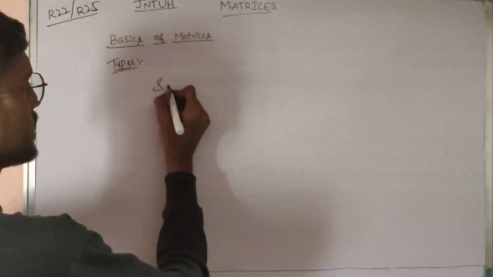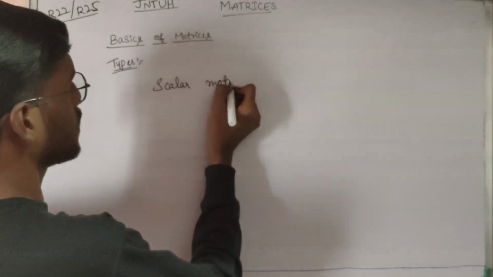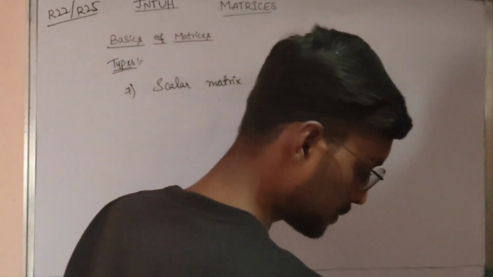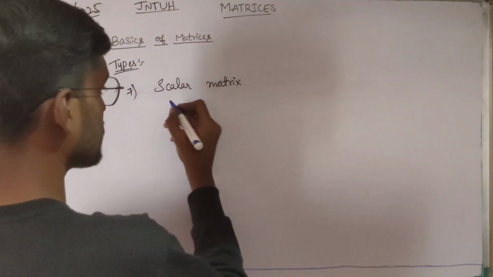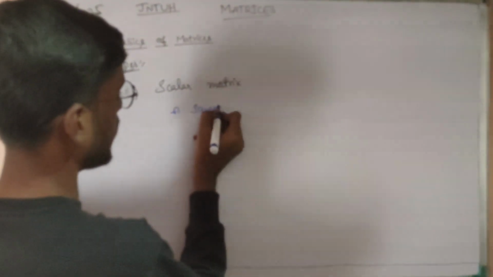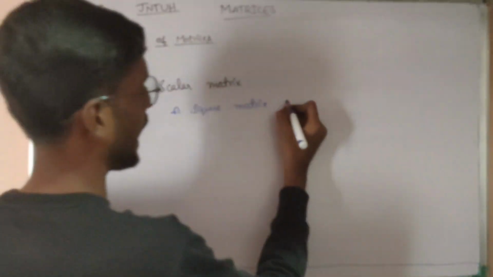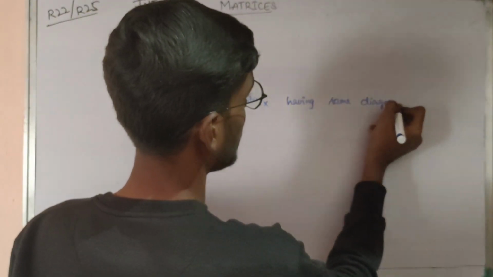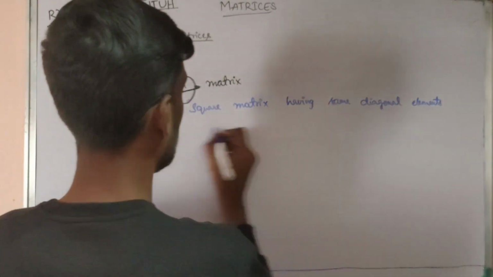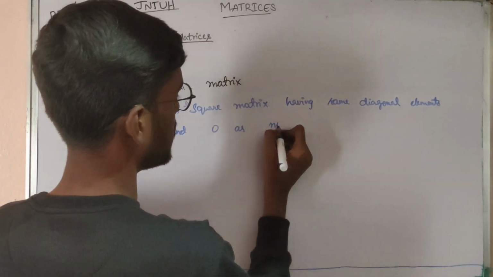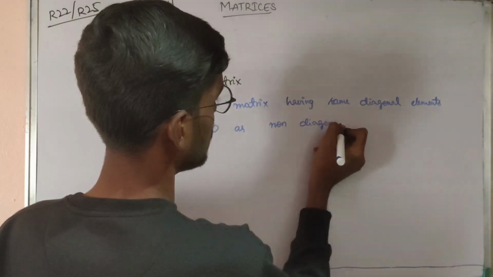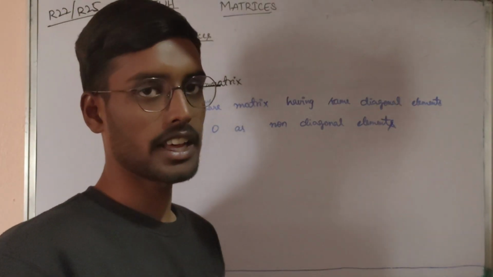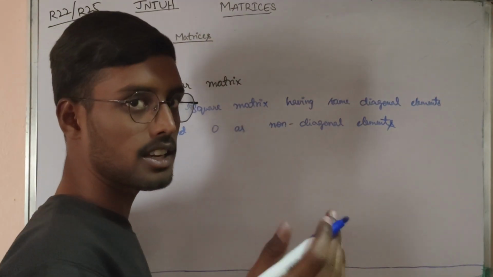Next, the scalar matrix. This is our seventh type. A scalar matrix is a square matrix having the same diagonal elements and 0 as non-diagonal elements, where non-diagonal elements are the elements other than the diagonal elements.